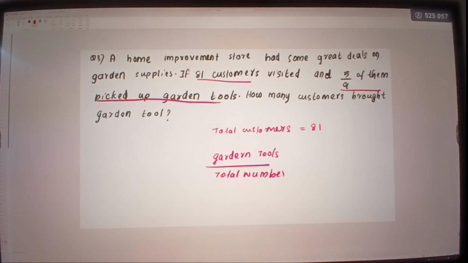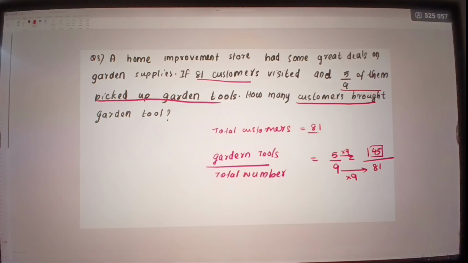It is already given 5 out of 9. So 5 out of 9 equals, we don't know how many customers brought, dash over 81. So find the equivalent fraction. So 9 times 9, so 5 times 9. That is 45. So understand what is the numerator of the fraction. Then you can figure out what to do.